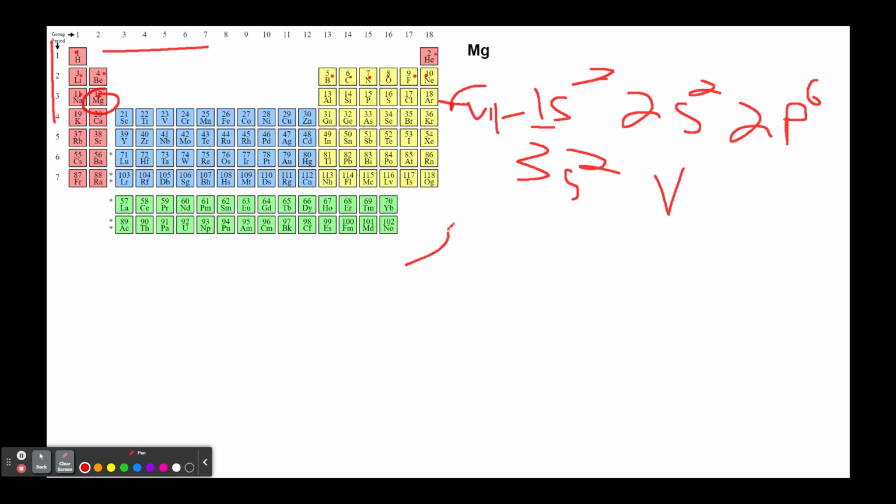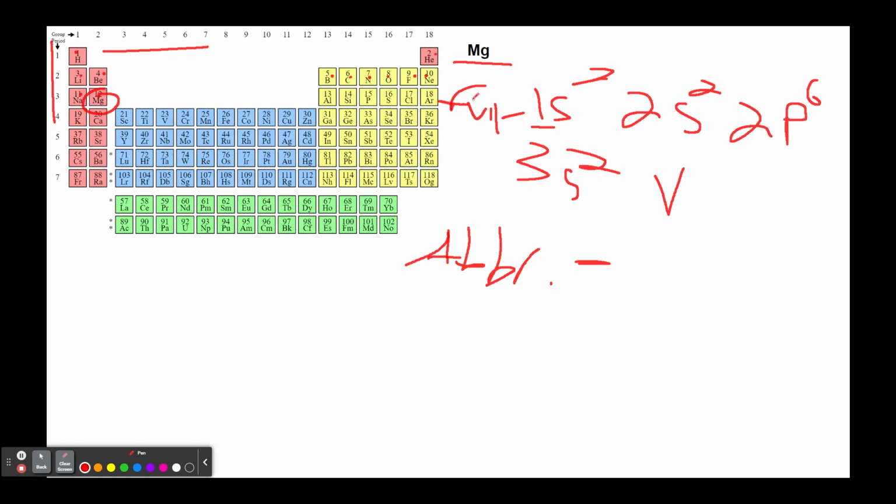Now to write the abbreviated electron configuration, you're first going to have to determine what magnesium's inner noble gas core of electrons is. For that, all you have to do is go back to the nearest noble gas to magnesium.